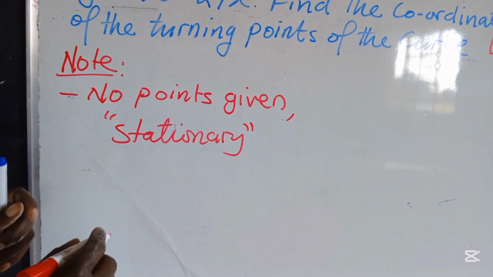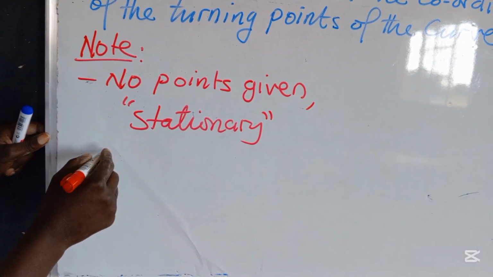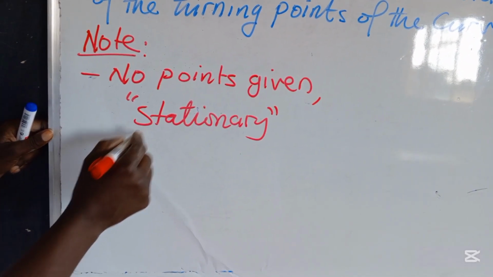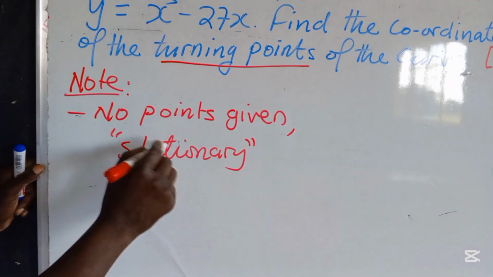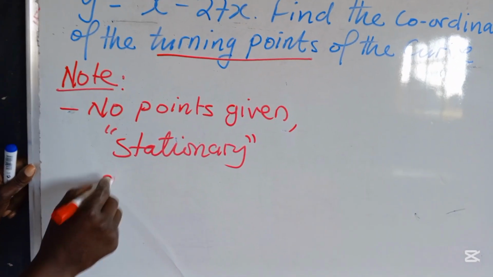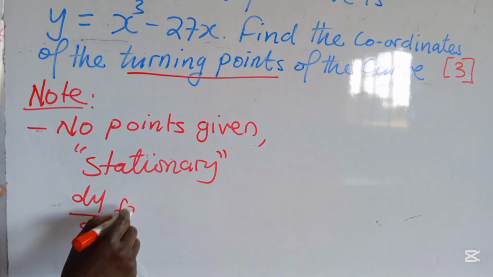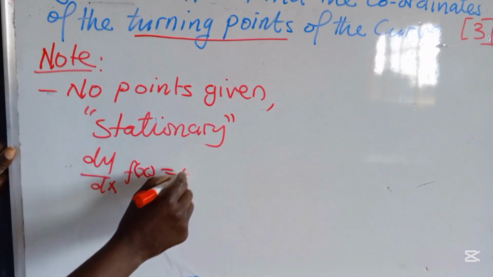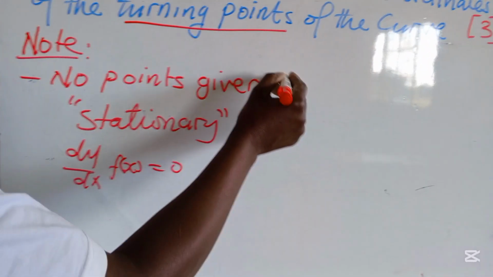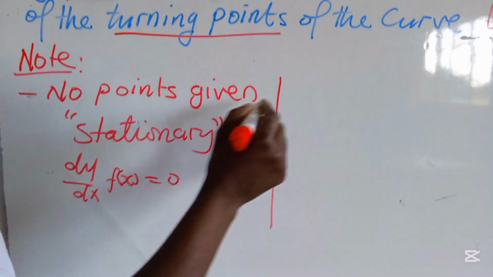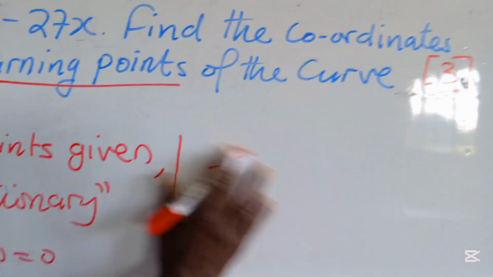What is all about the stationary point? It's a special turning point called a stationary point because dy/dx of that function is always equal to 0. So in this case, to find the solution, what is dy/dx?